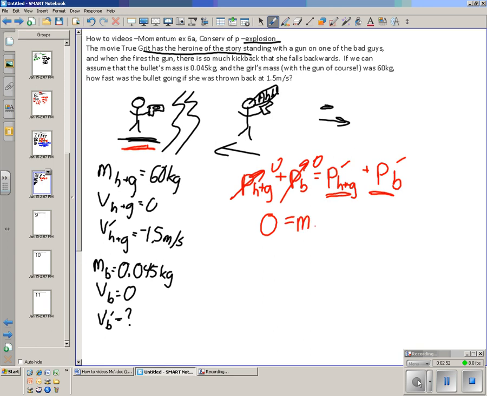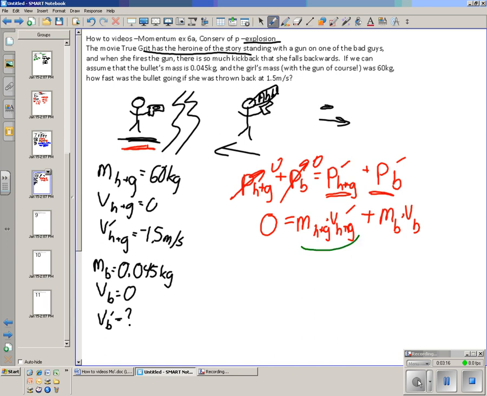So mass of the hero plus gun times the velocity of hero plus gun final, plus the mass of the bullet times the velocity of the bullet, and those have to equal 0. So that means I'm going to be bringing something over to the other side.